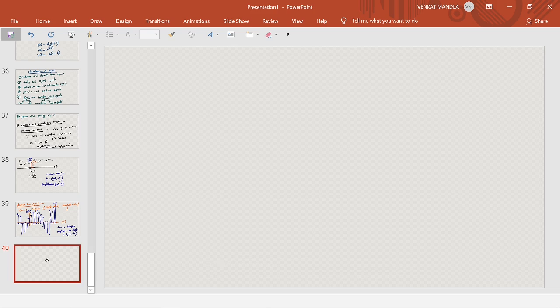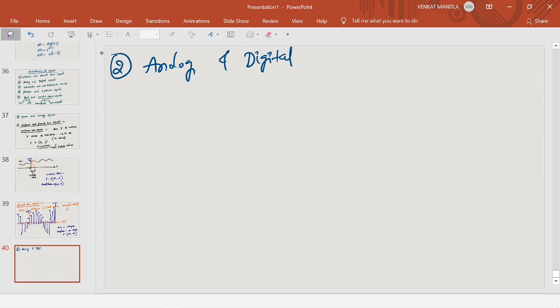The next classification, the second classification, is analog and digital signal. First, what is an analog signal?